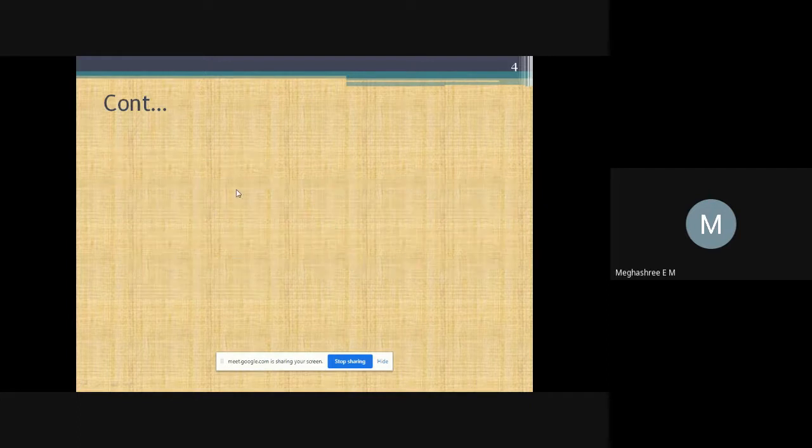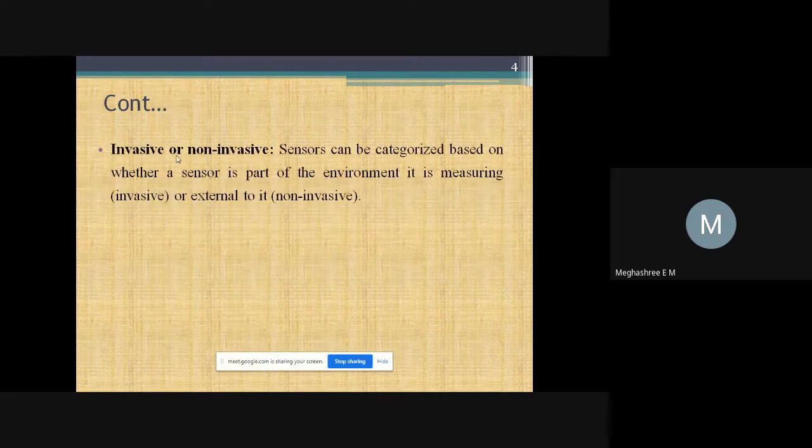Next category is invasive or non-invasive. Invasive is one where the sensor is part of the environment that it is measuring, or external to it, then we call it non-invasive.